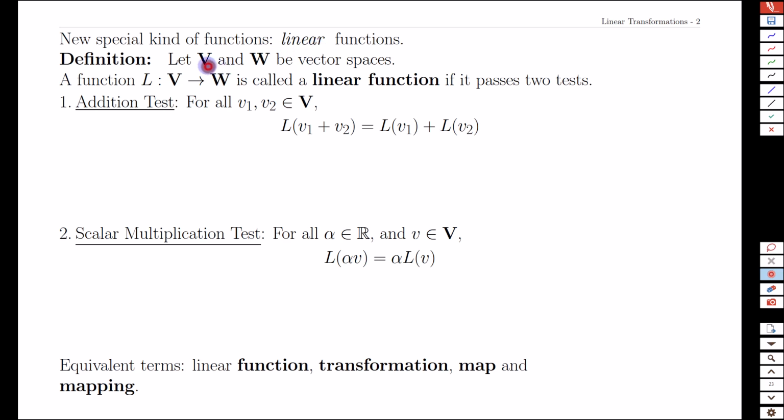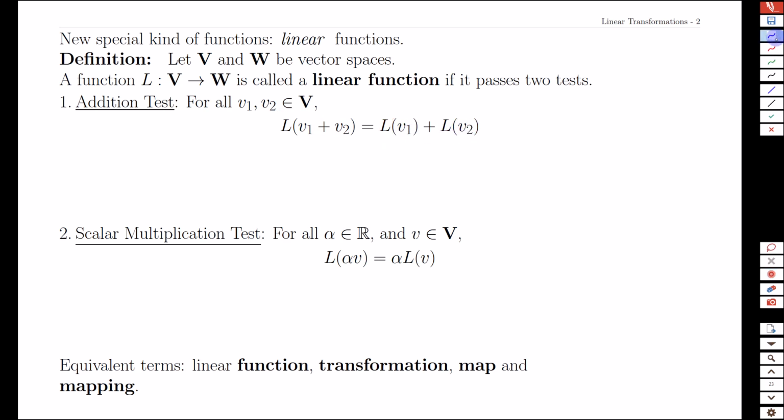So, linear functions. Imagine we have two vector spaces, and we're going to have a function that maps from one of them to the other, and what we're going to get is something called a linear function if it passes two characteristic tests. So, not too surprisingly, if I add things, then it doesn't matter whether I add the vectors for the input first and then transform them, or I transform the first vector, transform the second vector, and add them when I'm done.